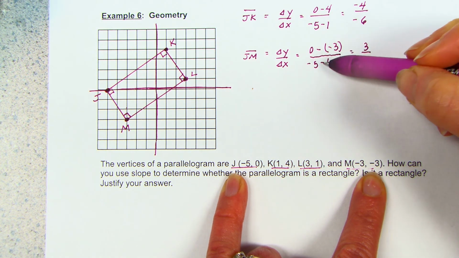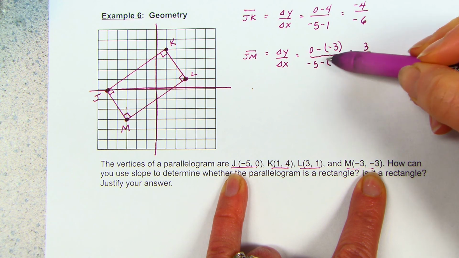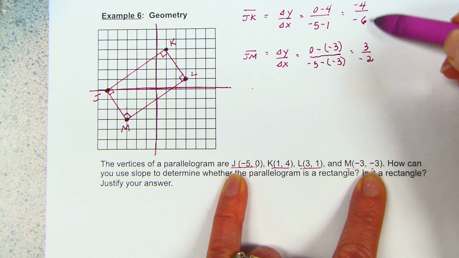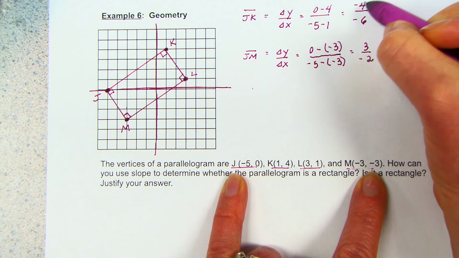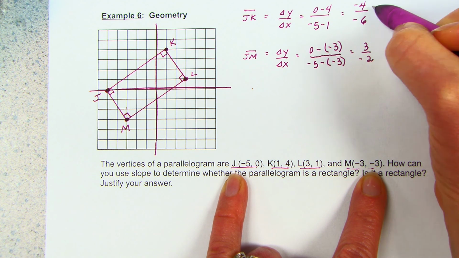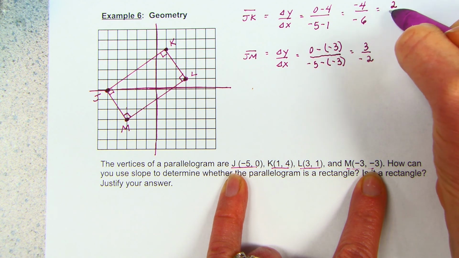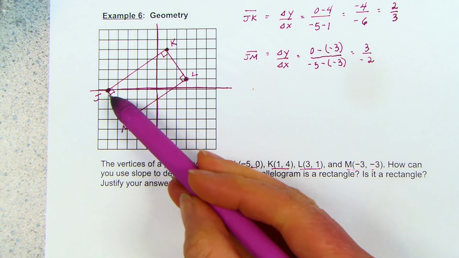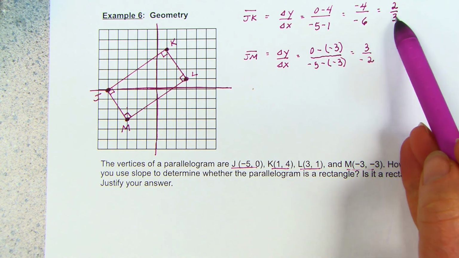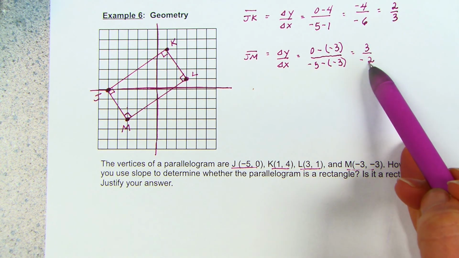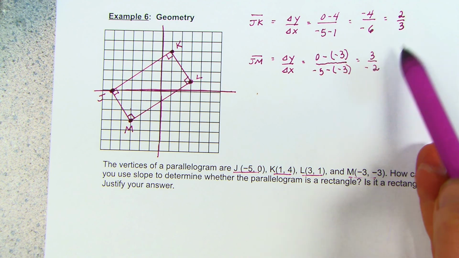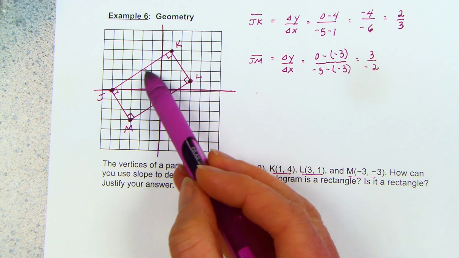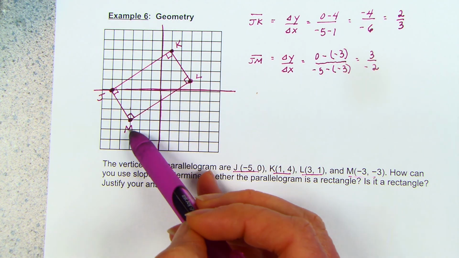And negative 5 minus negative 3 is the same as negative 5 plus 3, which is negative 2. And I need to simplify this. So the two negatives cancel out and make a positive, and this becomes 2/3. So 2/3 and 3/2 are reciprocals and they have opposite signs. So it is true that JK and JM are perpendicular.